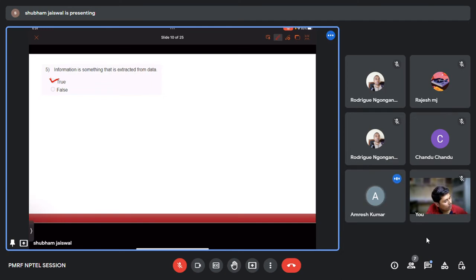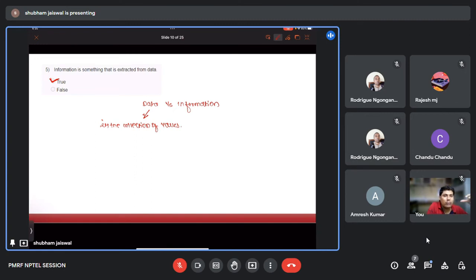Why? Data versus information. What we have seen is that data is nothing but a collection of values. And when we take this data and perform some operations, we order it or make some changes, and we can arrange it, and then we can extract something from the data.